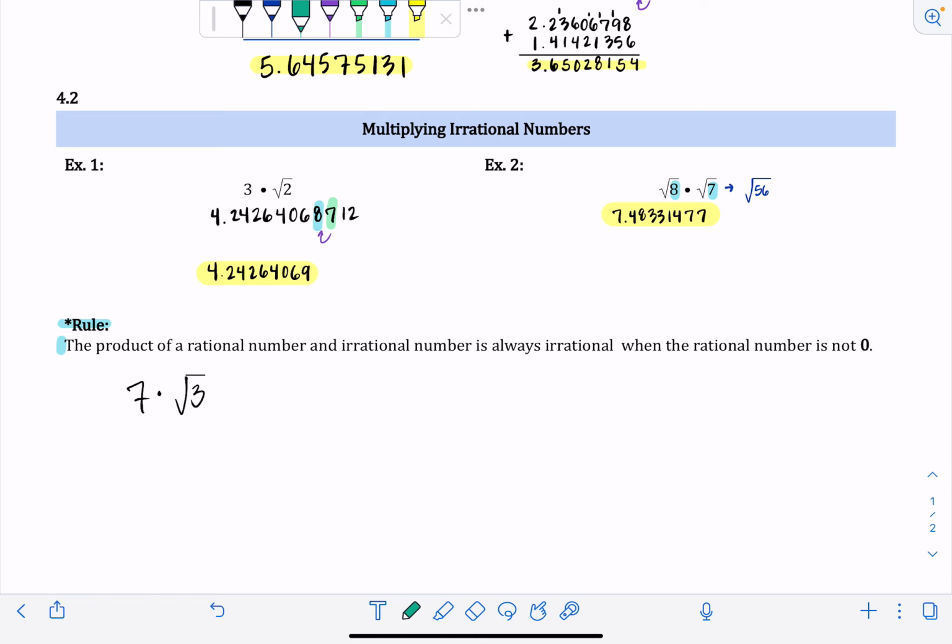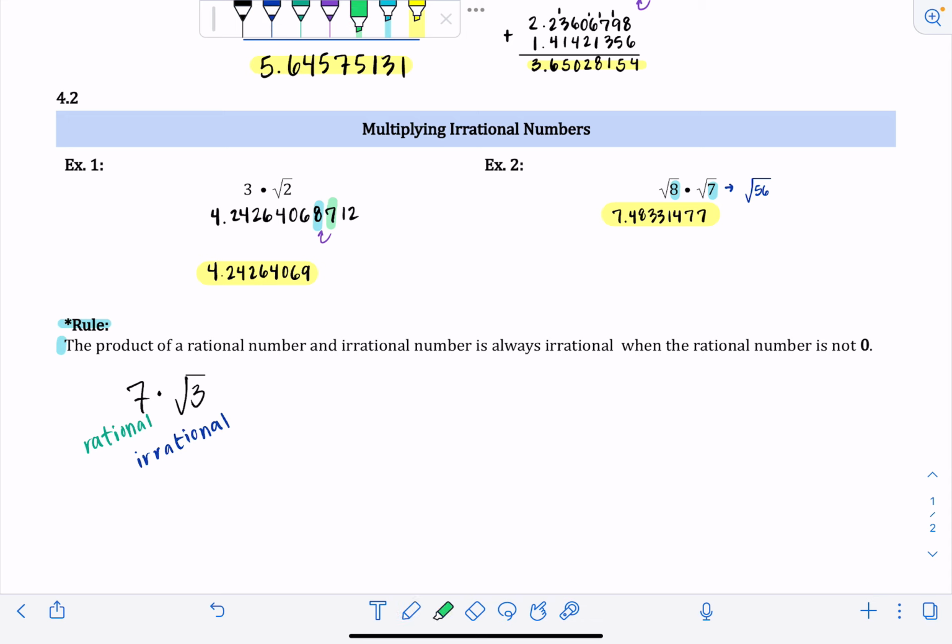So 7 is rational, and then the square root of 3, of course, is irrational. So no matter what, if I multiply those together, I'll always get an irrational number, and you can always test it out with the calculator and stuff.